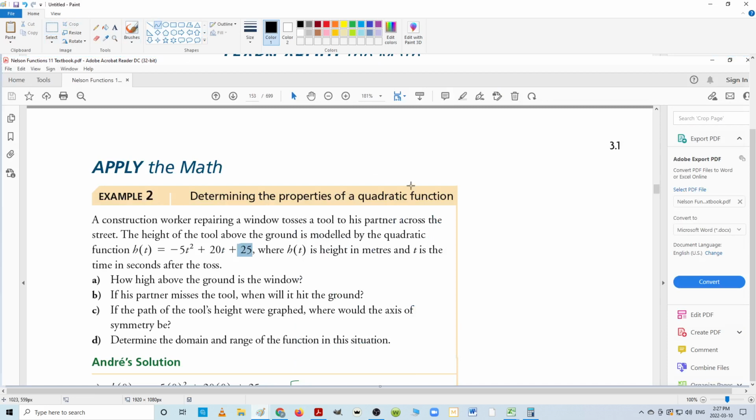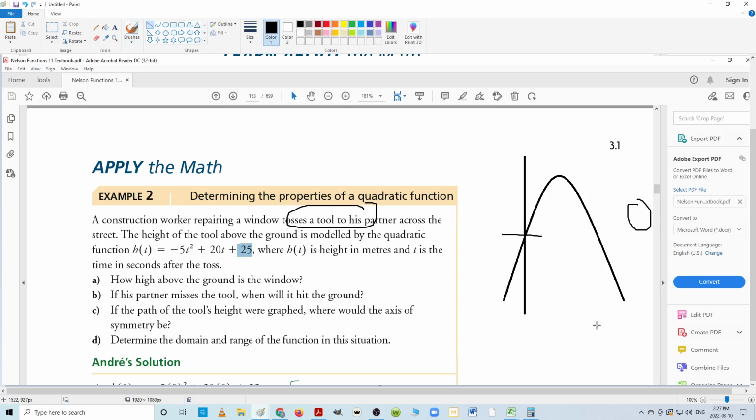So if he's throwing it out the window, it's unlikely it's going straight down because it looks like he's tossing it to a partner across the street. So he's going to throw it up. And we only start measuring this quadratic right here at time 0, because usually for these things, the x-axis is going to be time. So that means it starts right here at 0, 25, which is useful.